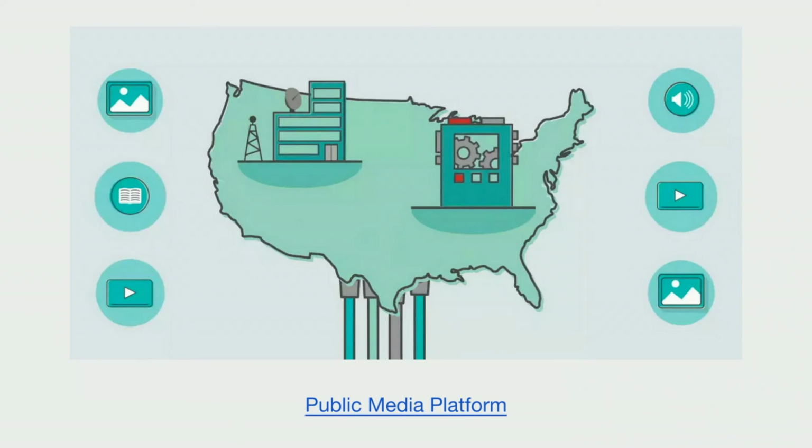A really cool example of this, if you want to understand more about what some of the problems are with building a syndication hub and how to approach it and how to build an API that facilitates this, is something called the Public Media Platform. It is the way that all the different public media entities like PRI, NPR, APM share digital content between each other.